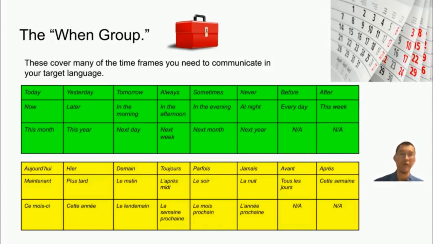It doesn't cover all concepts of time or time frames, but it's enough to get you in a good position to communicate. So we have today, yesterday, tomorrow. You should learn those together. For example, there are some programs where you only stay in the present tense for... Let's try this again. Okay, so here we have what we call the when group.